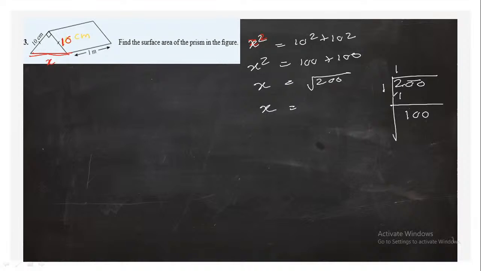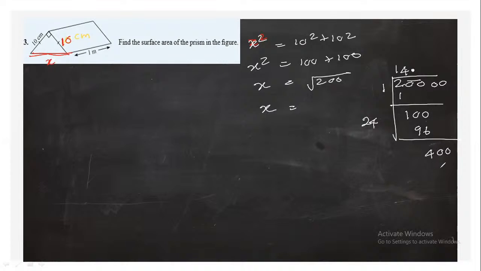Then 100. Now you have to double this one and write it here. Then the nearest number which is going inside this 100 we have to take. If I put 4 here, you have to write the 4 here also. 4 times 4, 96 subtract. Then remaining 4. Now you have to borrow another pair of zeros here. Now put the decimal place.